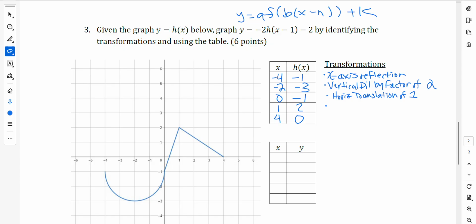Which then leaves me with, what is that -2 then? A vertical translation. Yes. Of what? -2. Good. Awesome.